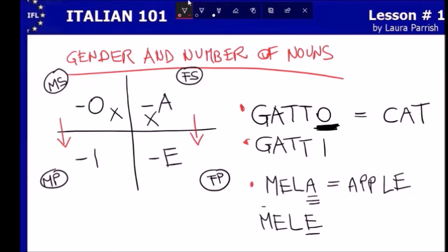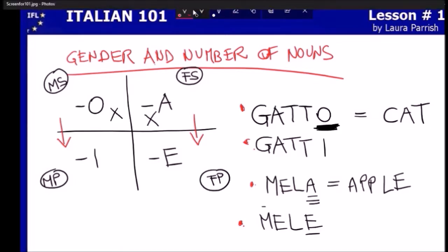After me: mela, mela. After me: mele, mele. Mela, mele. Gatto, gatti.